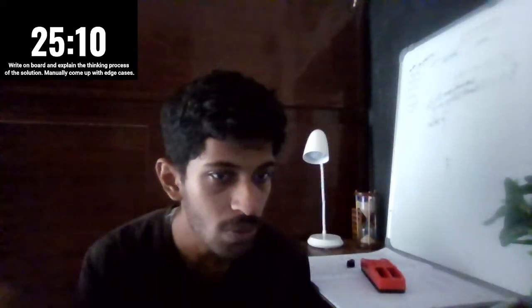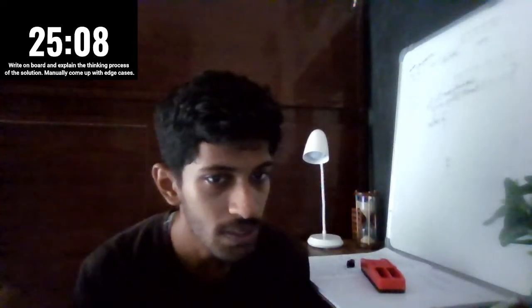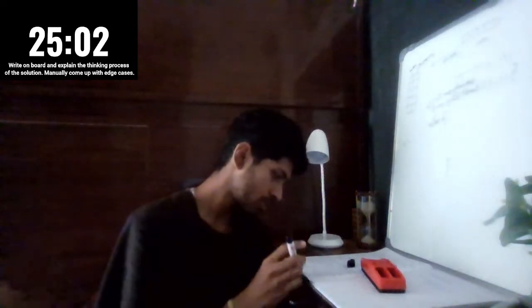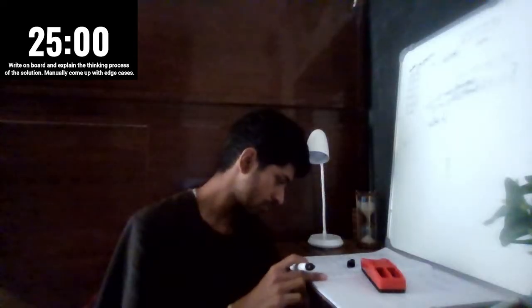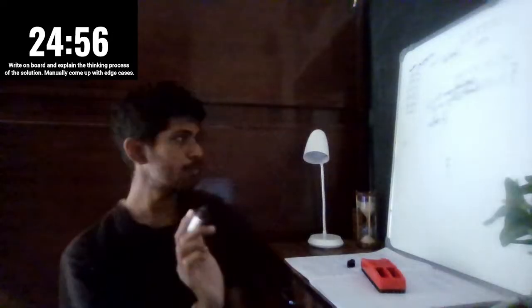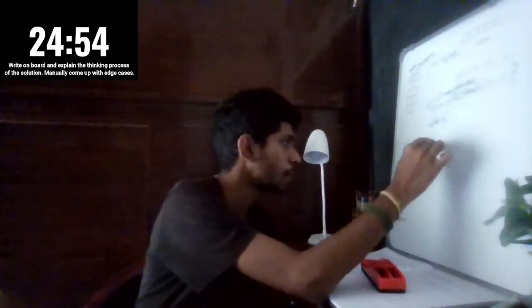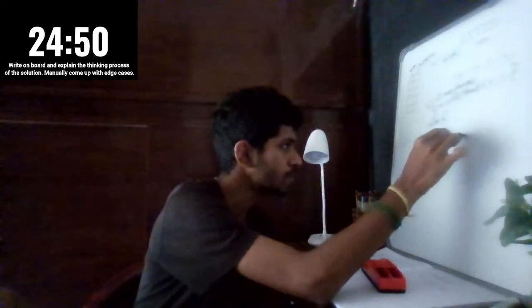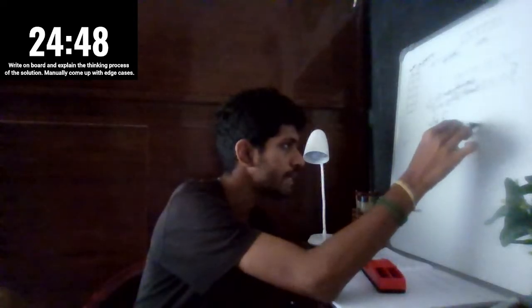So we can use the put method. So map dot put i comma. Now we have to update it by 1 extra.